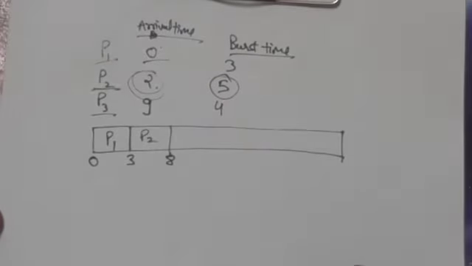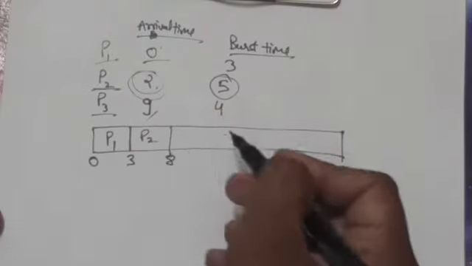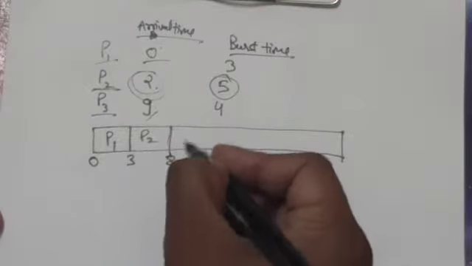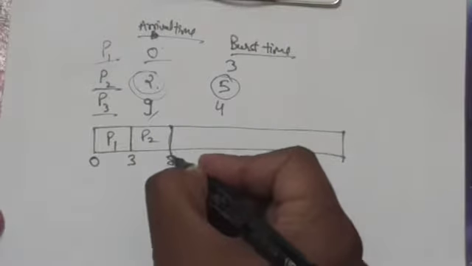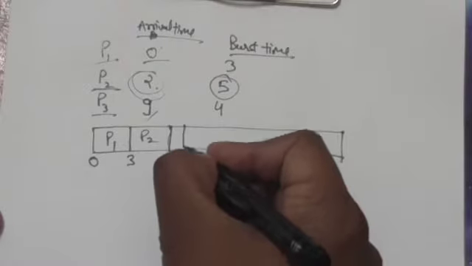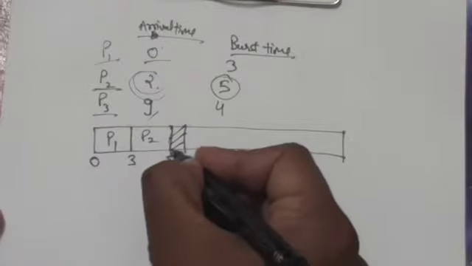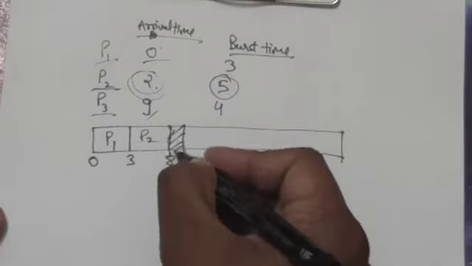Now see this process P3, its arrival time is 9. Now here the time is 8, so up to time 9, the CPU will sit idle, it will be free.